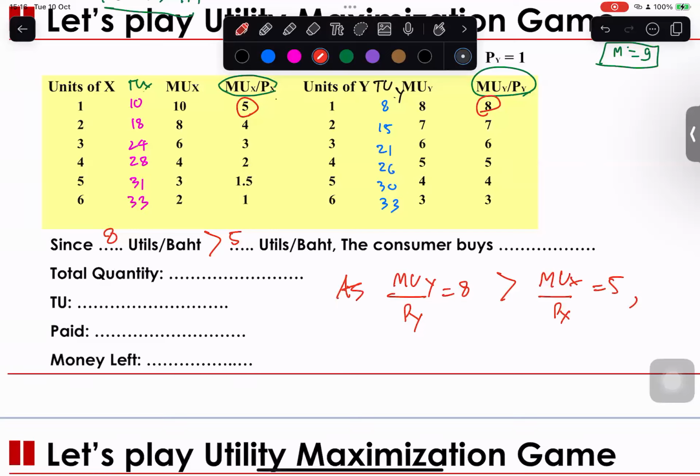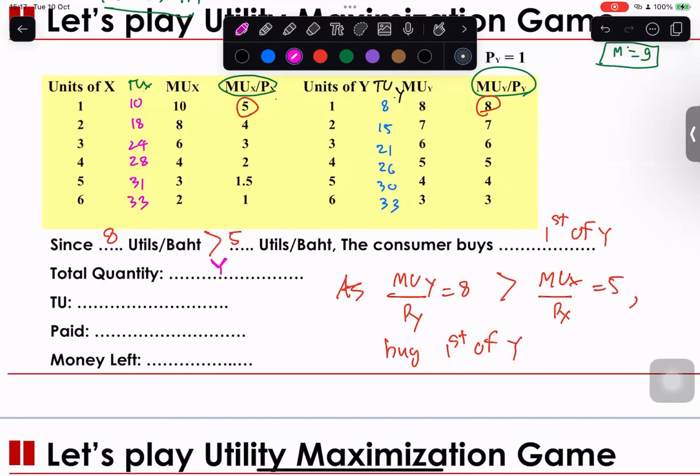As recommendation, buy first Y in this round. Okay. First of Y. Okay.